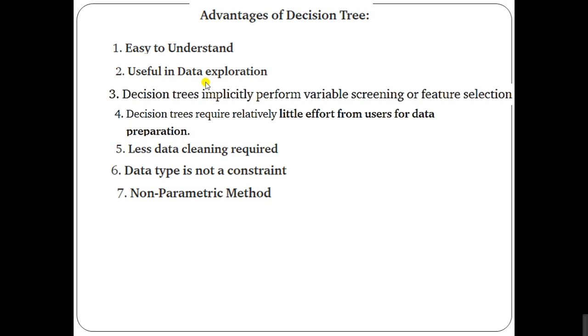It can also be used in the data exploration stage. That means we are working on a problem where we have information available in hundreds of variables. There, a decision tree will help to identify the more significant variables. Third, a decision tree implicitly performs variable screening or feature selection.